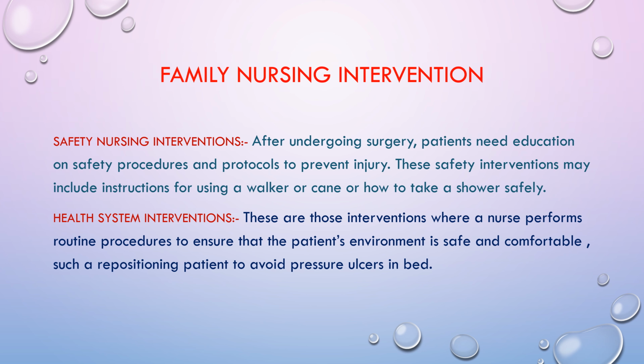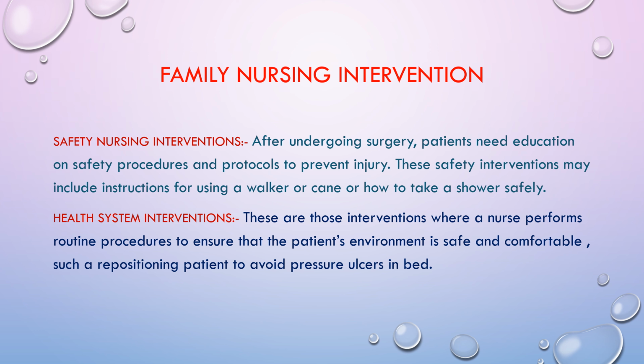For example, if a patient has undergone surgery, at that time the main aim of a nurse is to educate the patient on those procedures where a patient will protect himself from injury. For example, injury of that surgical site, infection of that surgical site, or straining over those sutures.